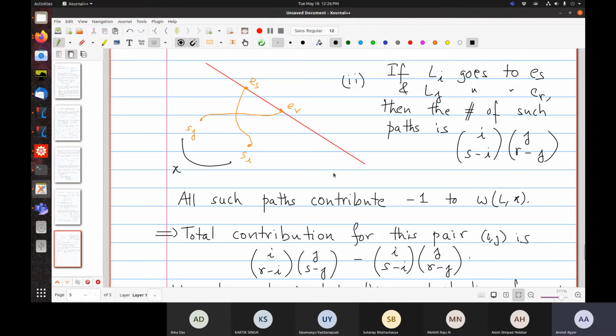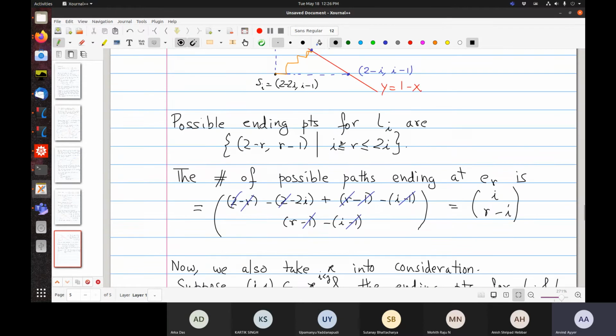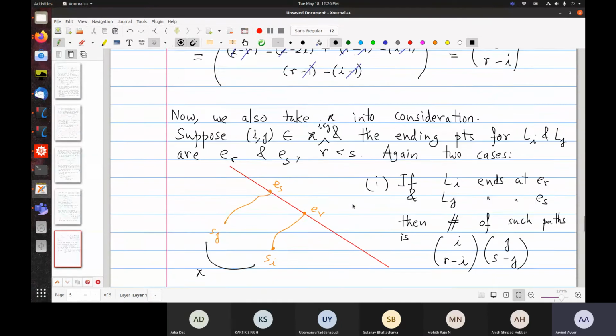Okay, if that's not clear, look at ER. ER cannot go below SI. So that means R has to be at least I. That's this lower inequality.